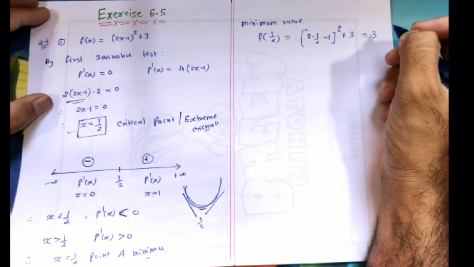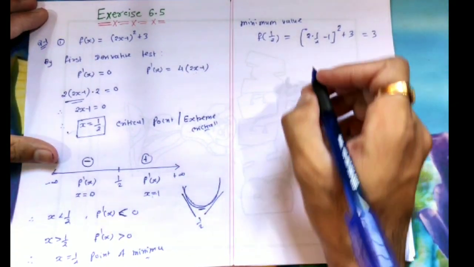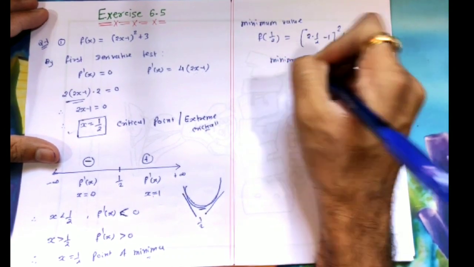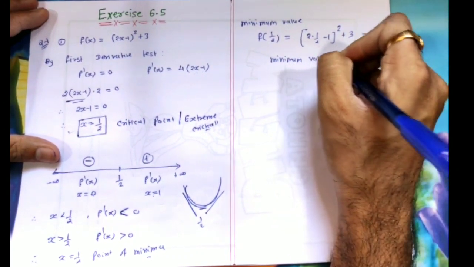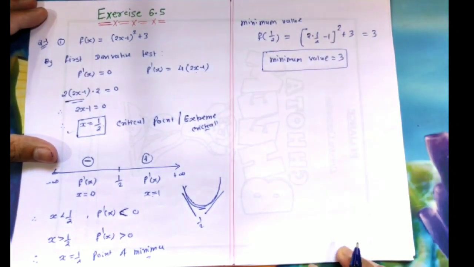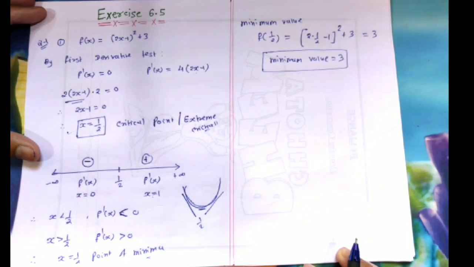So this is 3. Clear? So you are getting minimum value. So minimum value of function is 3. We are not able to find the maximum value. So this is your answer by your first derivative test.